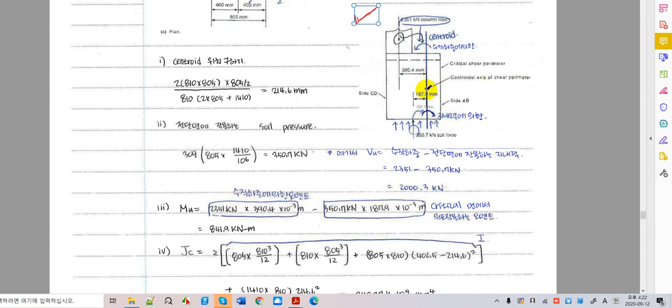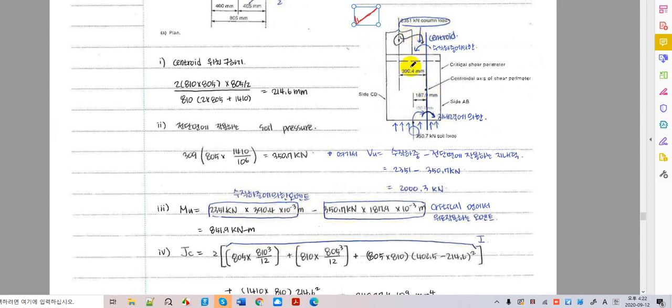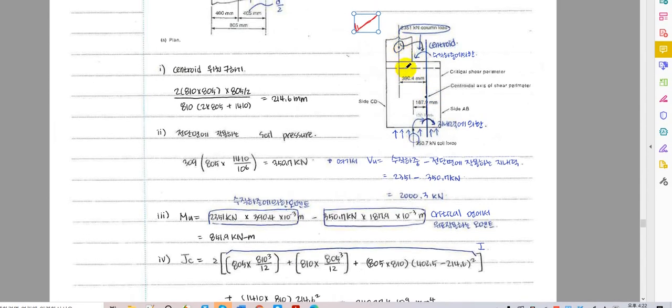We have a column load coming down and a soil load coming up, so we can calculate the unbalanced moment acting on this part of the slab at this particular column. Somehow we have to treat this unbalanced moment by the rebars and by the concrete of the foundation. This is how we treat the unbalanced moment and how to calculate it.